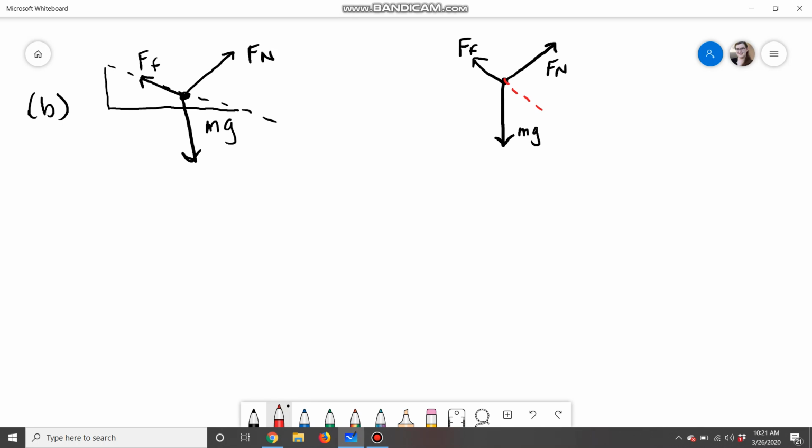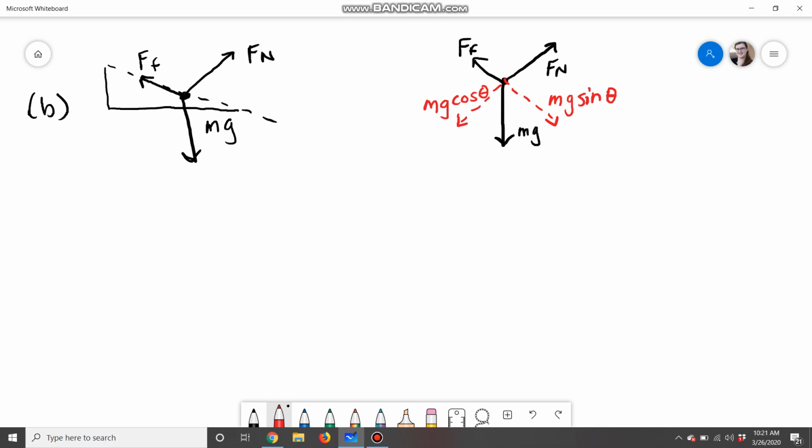So we have one component of mg going that way and one component of mg going that way. This is something that I tried to beat into your minds: remember we're just multiplying by the trigonometric function that is correct for that direction.